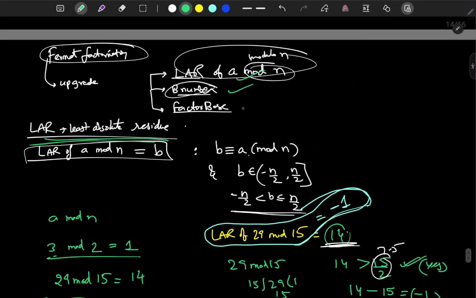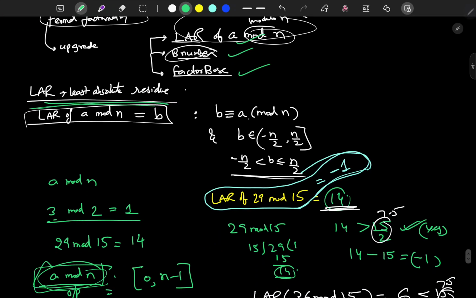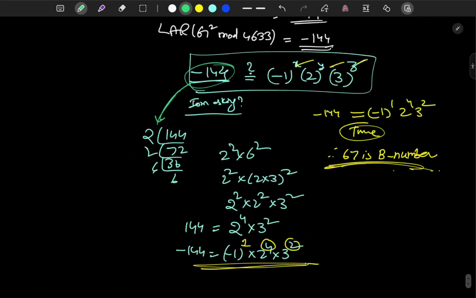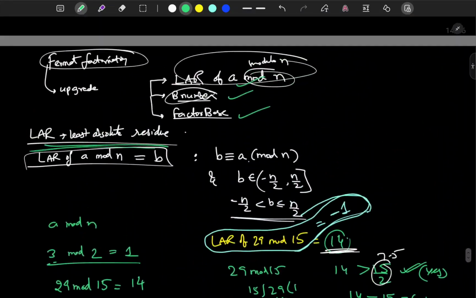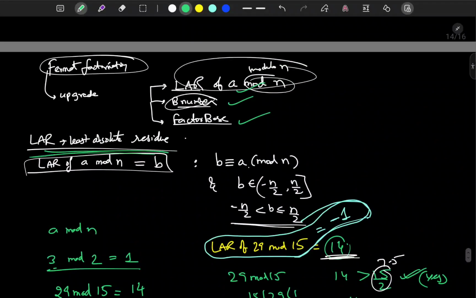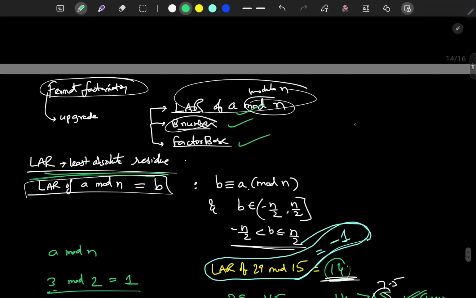One is LAR, B number, factor base. Okay, that's it. So LAR is nothing but least absolute residue. Generally, if anyone asks normally, what is the least residue, not absolute, least residue, for example 37 mod 3, what is the answer?